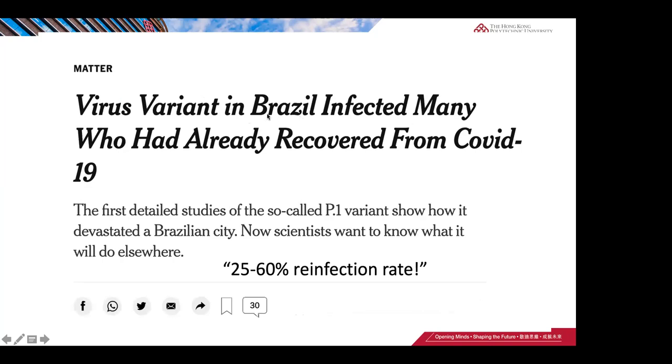They refer to the gamma variant. By the way, the gamma variant was replaced by Delta, and at the moment Delta is being replaced by Omicron almost everywhere. The article says the virus variant in Brazil infected many who had already recovered from COVID-19.